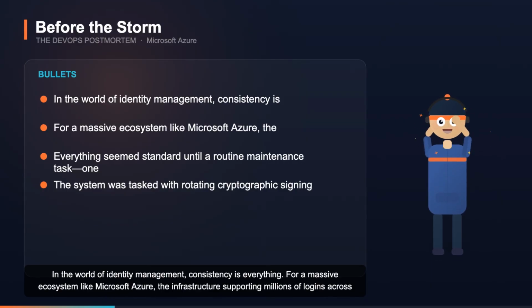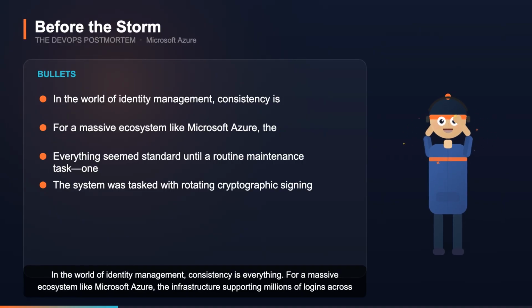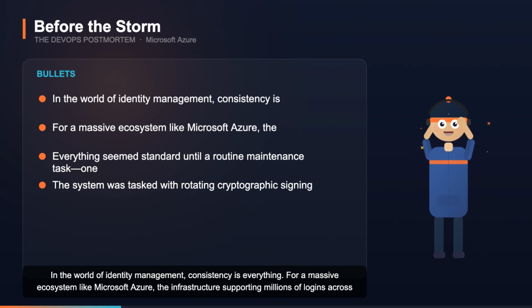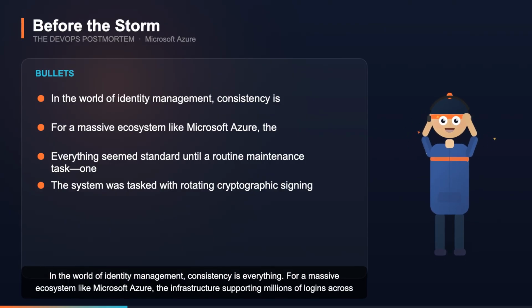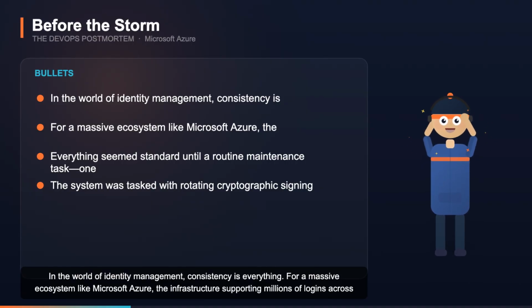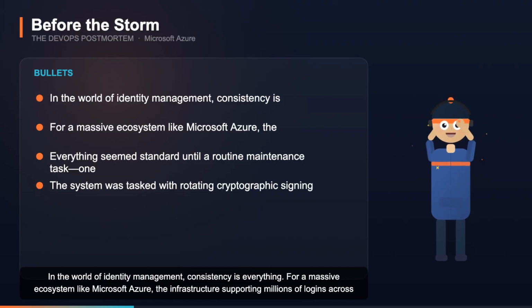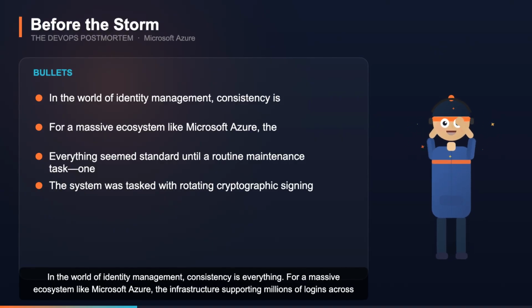In the world of identity management, consistency is everything. For a massive ecosystem like Microsoft Azure, the infrastructure supporting millions of logins across platforms like Teams, Xbox Live, and Dynamics 365 had to be rock solid. Everything seemed standard until a routine maintenance task, one designed for security hygiene, went sideways. The system was tasked with rotating cryptographic signing keys used by Azure Active Directory to support OpenID and other identity protocols.